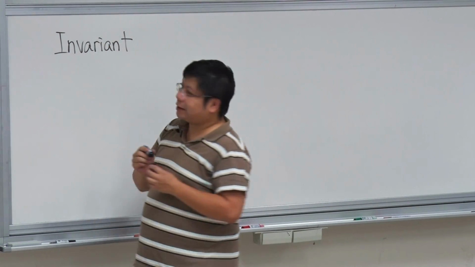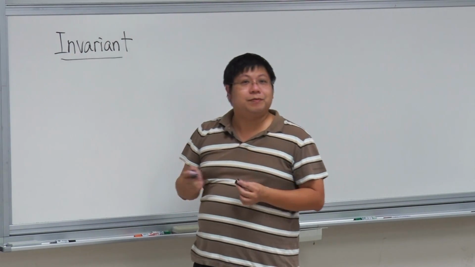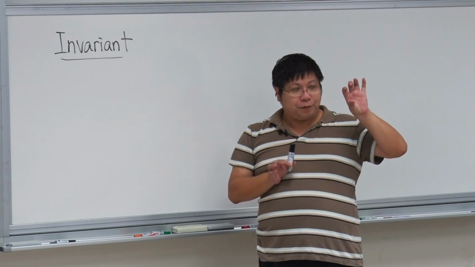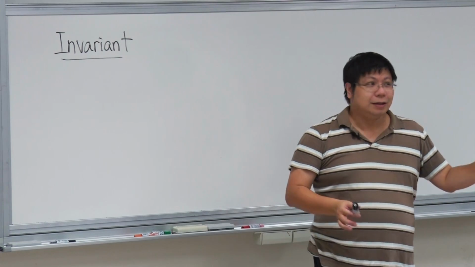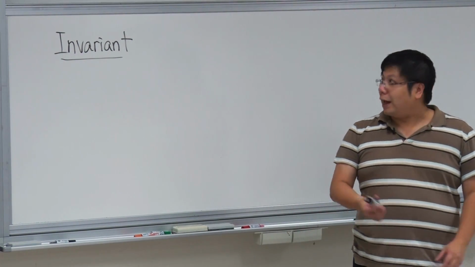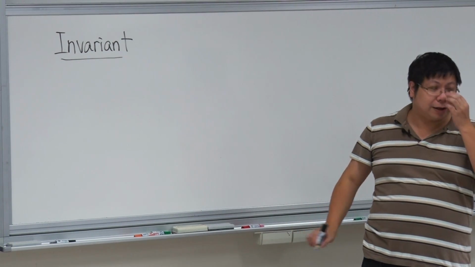So invariant is something that doesn't change. It means it does not change, not varying. And then in some of the proofs, if we can figure out something that is not changing, then we can make use of this fact to help us to simplify the proof.